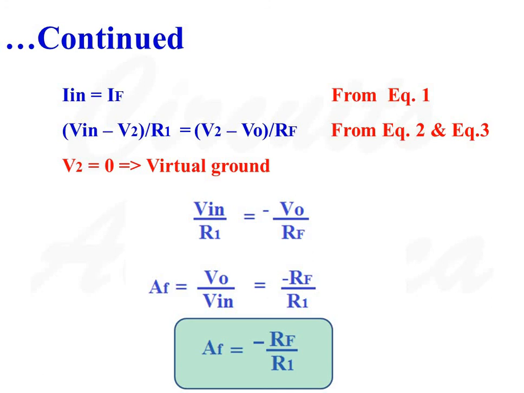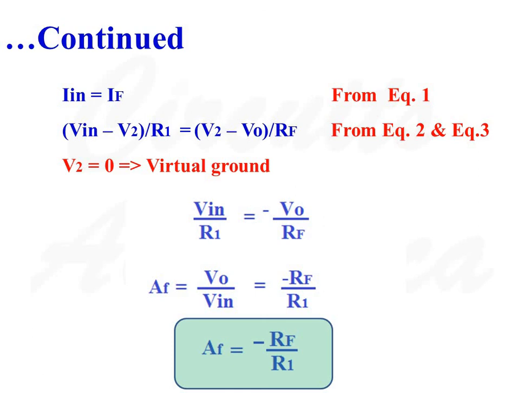V2 is equal to 0 as the inverting input is existing at virtual ground. So put V2 equal to 0 in this equation. We will get V-in divided by R1 is equal to minus V0 divided by RF.